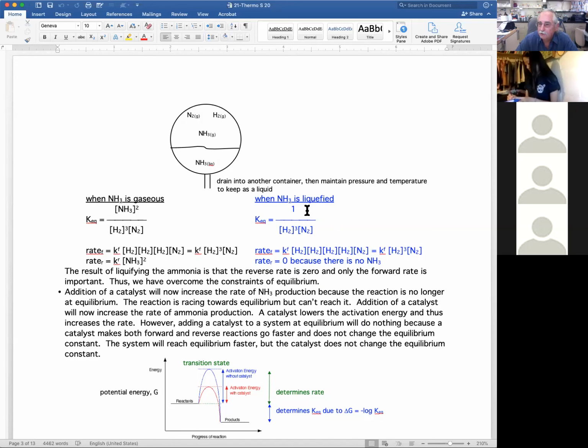Because now it's a pure liquid. We omit it from the equilibrium constant. Why do we do that? Guess what? Equilibrium constant is now different. So we successfully use Le Chatelier's principle to overcome the limitations of the equilibrium.